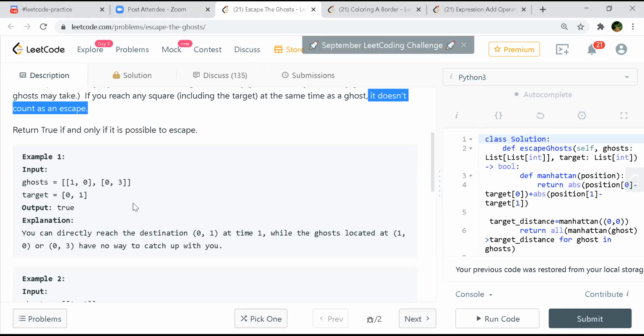Okay, so then the BFS should work in this scenario, right? So you start your target as one BFS, then you also start a BFS for all those ghosts. And then you have a separate BFS function, and you just pass on the starting parameters, and internally you calculate the shortest path.